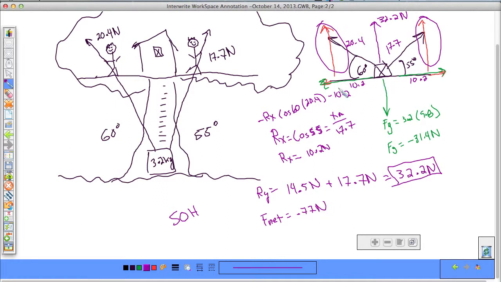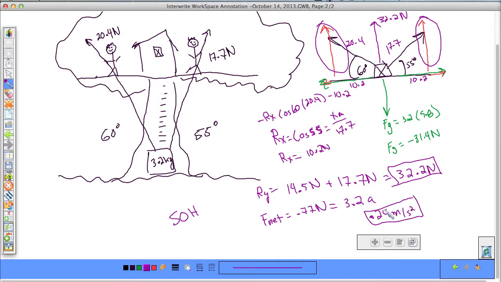And remember, our two side directions cancel each other out. And force equals mass times acceleration. So this is going to equal our mass, which is 3.2, times an acceleration. So if we divide 0.77 by 3.2, we get an acceleration of 0.24 meters per second squared up.